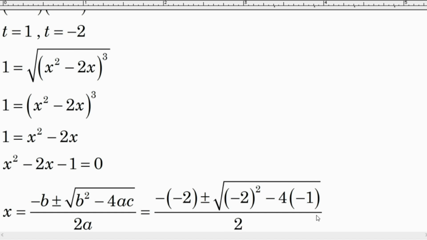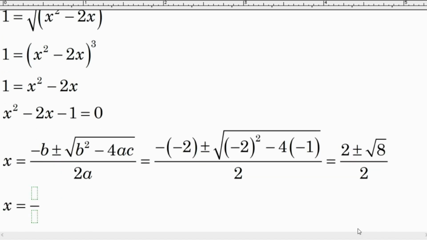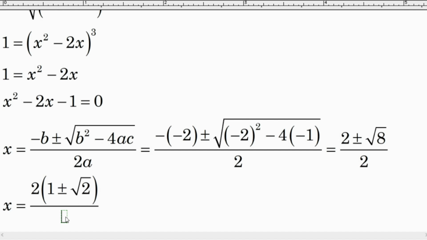When we calculate this, we get x = (2 ± √8) / 2. Then we can take 2 in common, and we get (2 times (1 ± √2)) / 2. With 2 in the numerator and 2 in the denominator, we can simplify, and we get 1 ± √2, divided by 1.